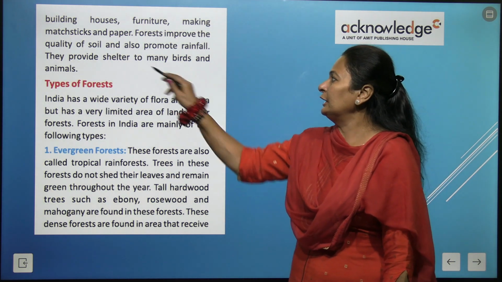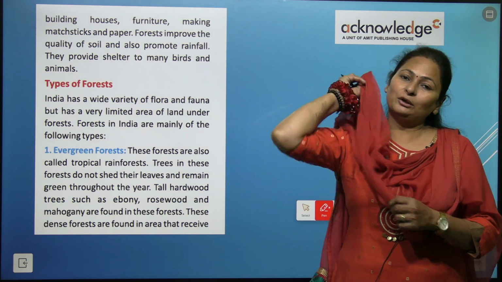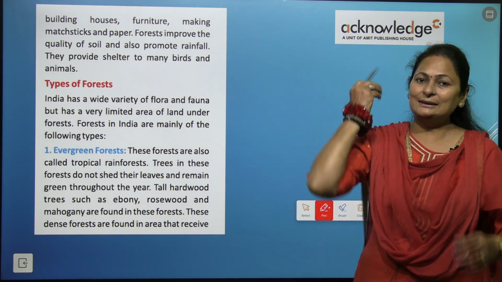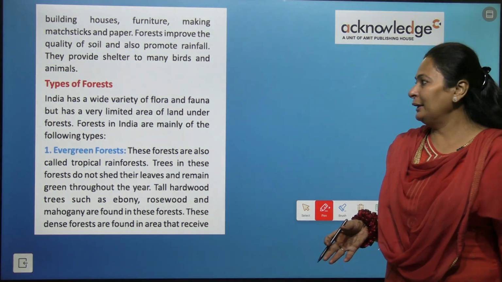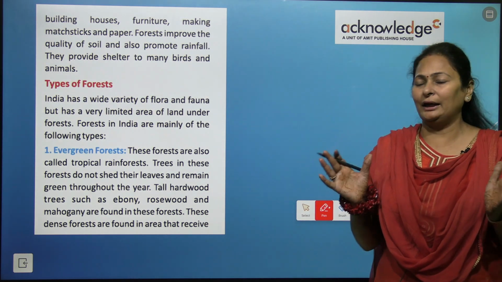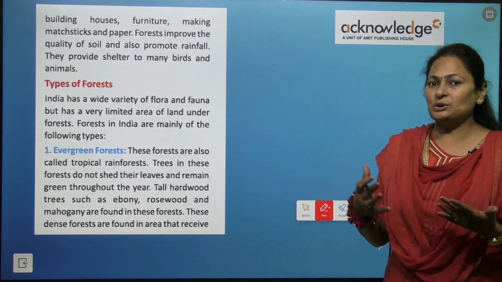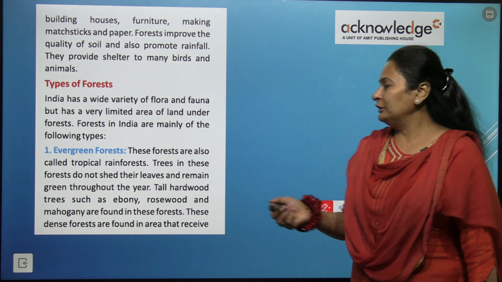They provide shelter to many birds and animals. We all know that plants are the home of many birds and animals. So plants are useful in so many ways. Plants, trees, forests are again beneficial for us.